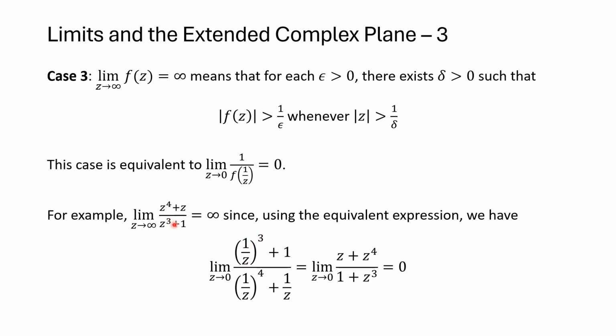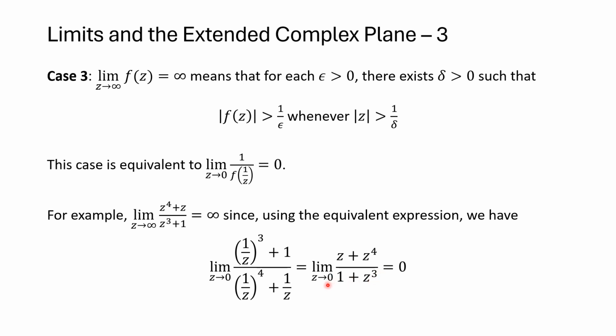So this is putting the denominator in the numerator, and then putting in 1 over z, and then putting in 1 over z to the 4th plus 1 over z. We multiply the top and the bottom by the highest power that's present, which is z to the 4th. So we get, on top, z plus z to the 4th. On the bottom, this just becomes 1 plus z cubed.